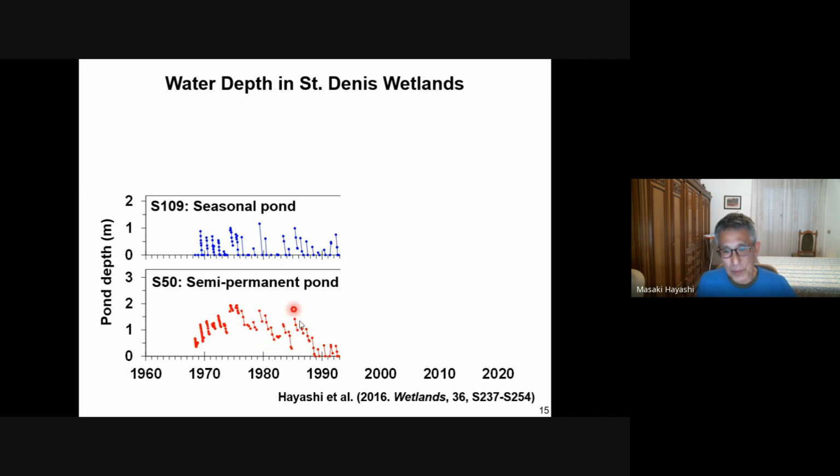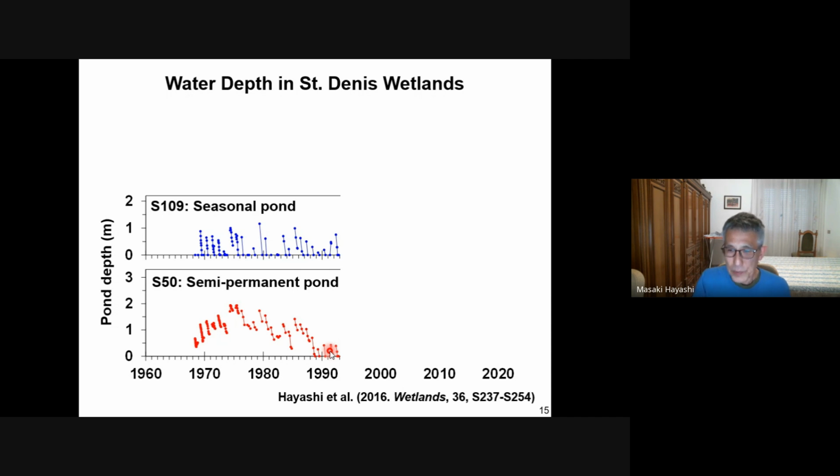Now, this semi-permanent pond became seasonal over the 5 years before I arrived. All of a sudden, the hydrological behavior of this pond was shifting from semi-permanent to seasonal. That seemed to be a big problem for a healthy ecosystem for the ducks.